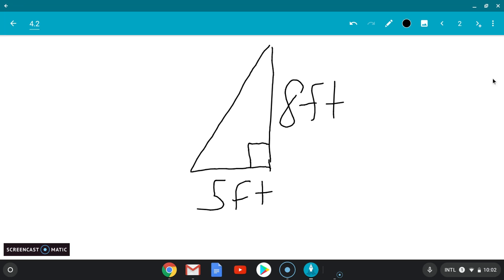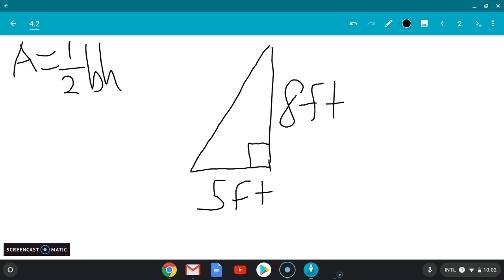All right, well, in this case, this side is going to be my base and this side is going to be my height because it measures from the bottom to the top, lowest point of the triangle to the highest point. So our area formula, remember, is area equals 1/2 base times height.